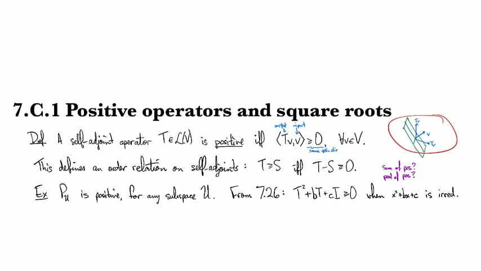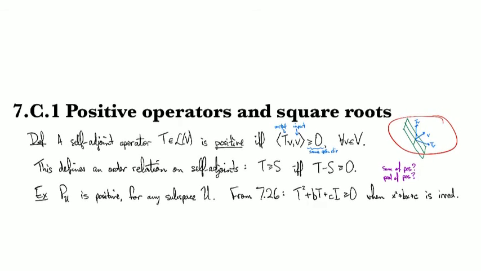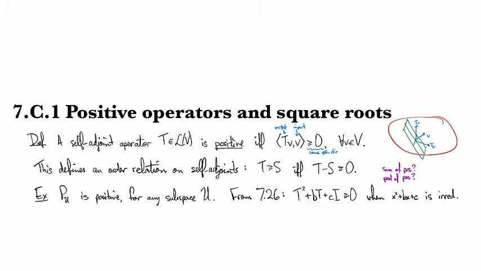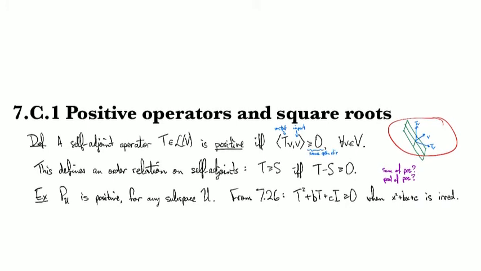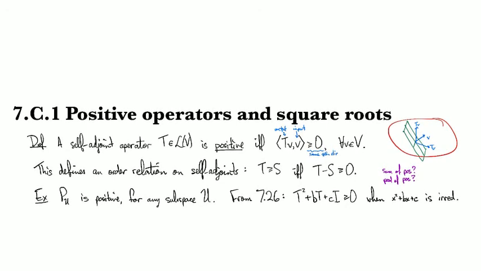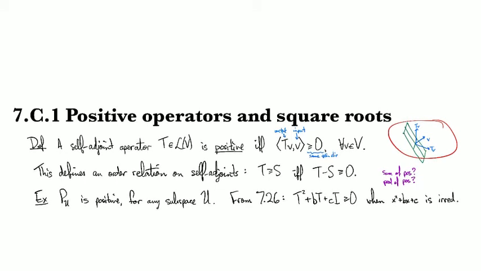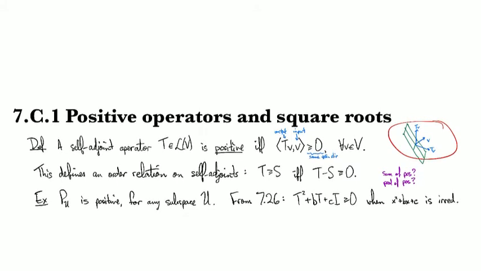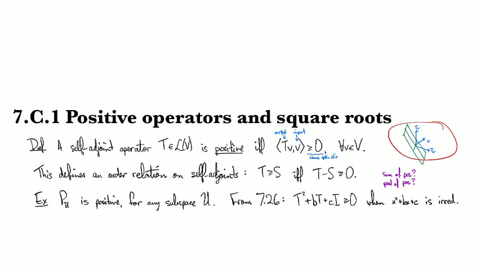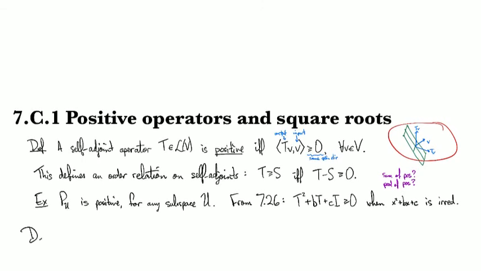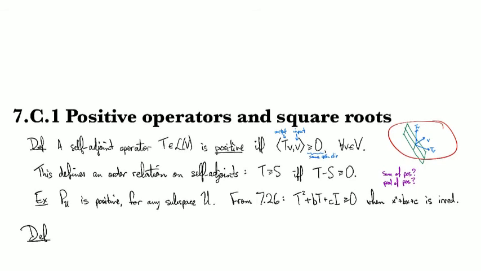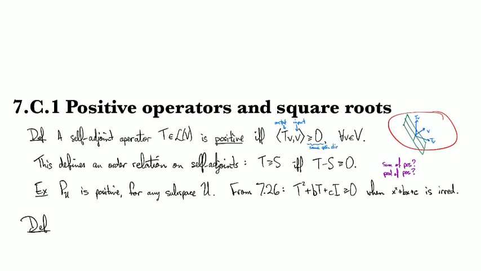A rotation by a small angle, small meaning less than pi over 2, is going to be positive, but a rotation over a bigger angle might not be. A reflection is probably not going to be positive. Scaling is going to be positive as long as you're scaling by positive numbers, otherwise you've got a reflection.